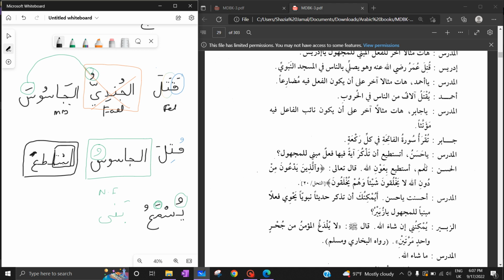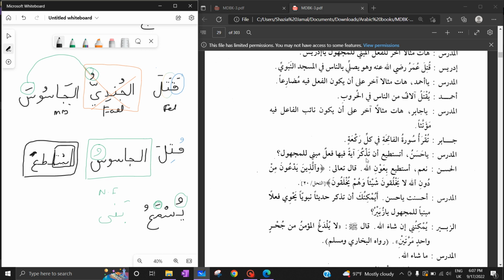And now the teacher is asking Hassan, atastati'u means can you, and tadhkura means mention. Tadhkura is mansub by an, that's why ra is having a fatha here. And tadhkura ayatan, the fail is mustatir.